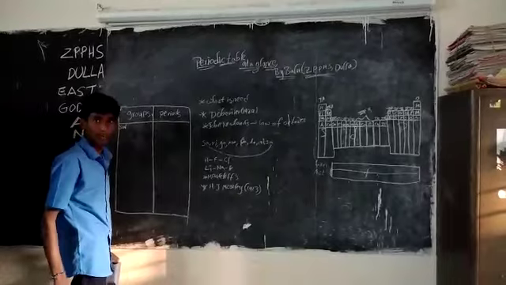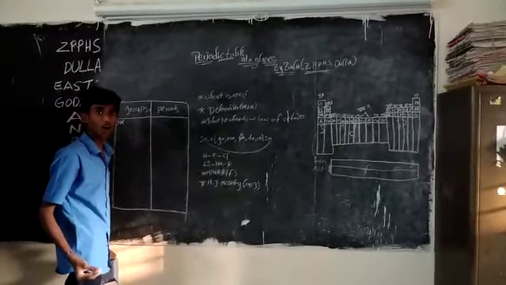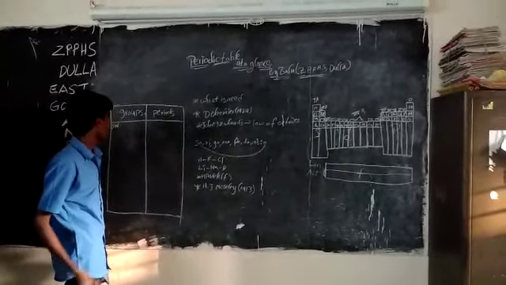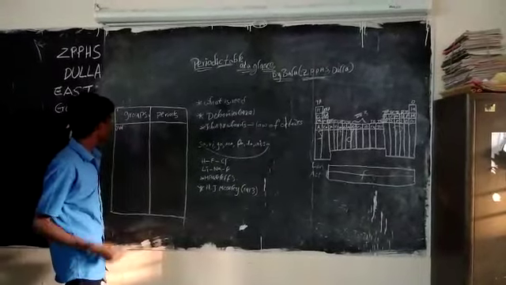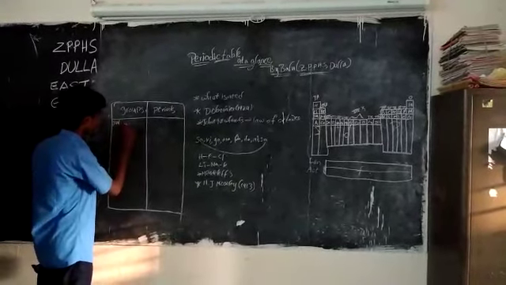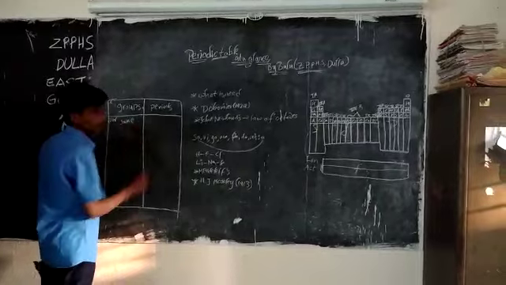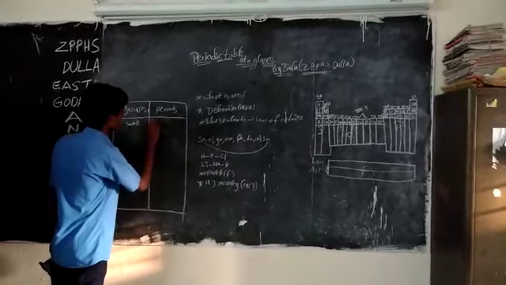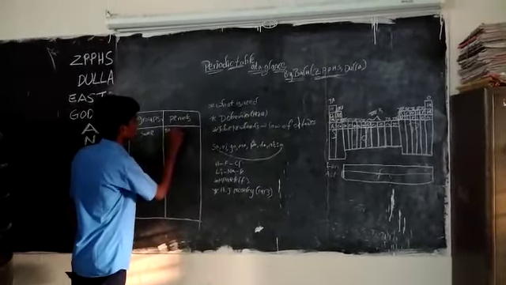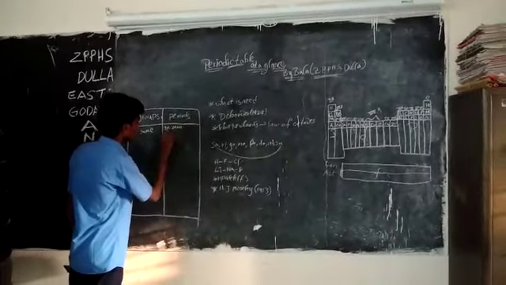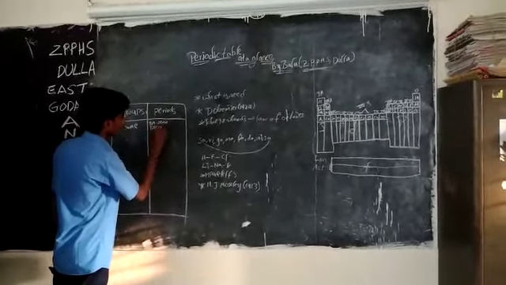Valency means the combining power with respect to oxygen or hydrogen. Across periods, valency increases from 0 to 4, then decreases from 4 to 0.